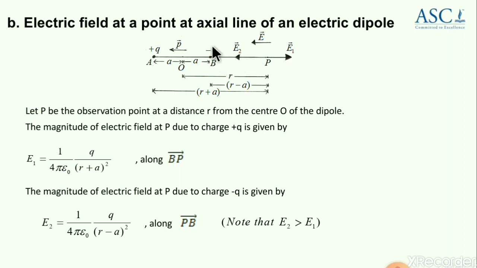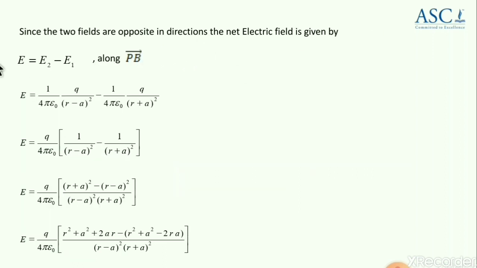So the direction of the charge present close to the observation point is also carried in the total field, just like magnitude. That is why the total field is E2 minus E1 along PB, vector PB. That is to indicate direction.